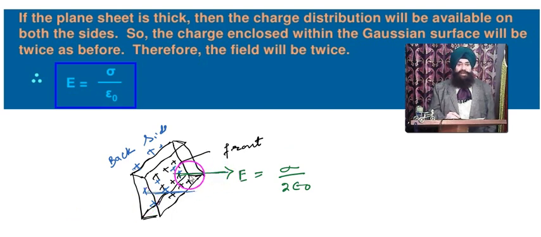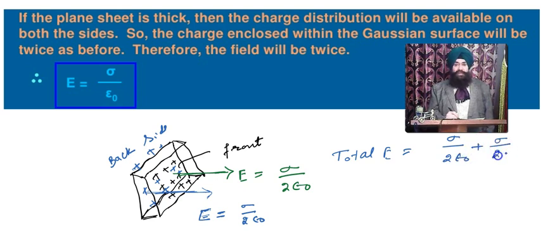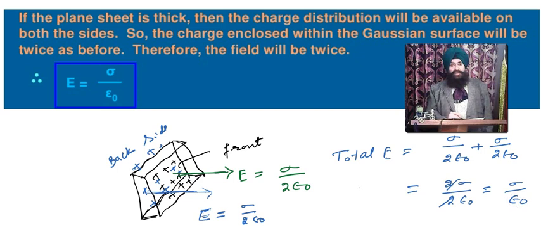Now first of all, the intensity because of the black charges is sigma upon 2 epsilon naught. Because of the blue charges, again sigma upon 2 epsilon naught. Because both are along the same direction, they will add up and become simply sigma upon epsilon naught.